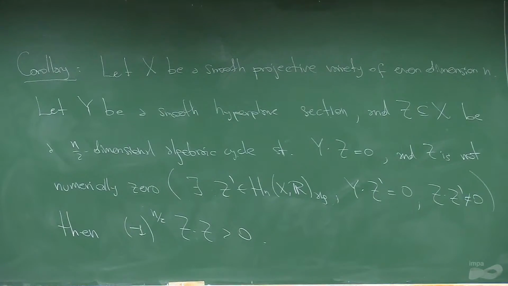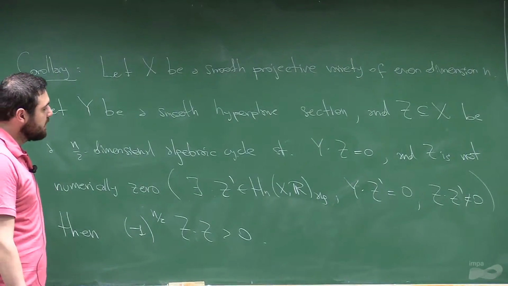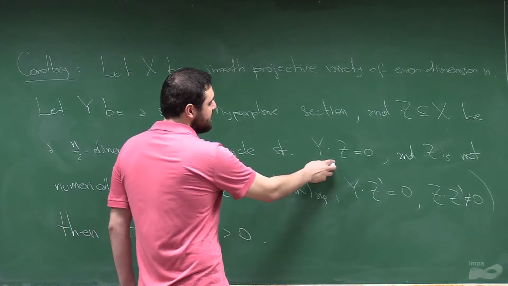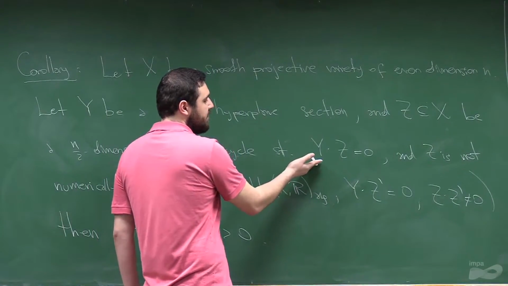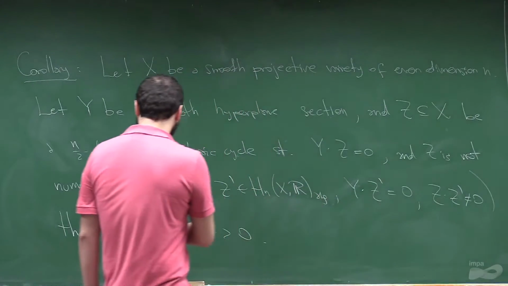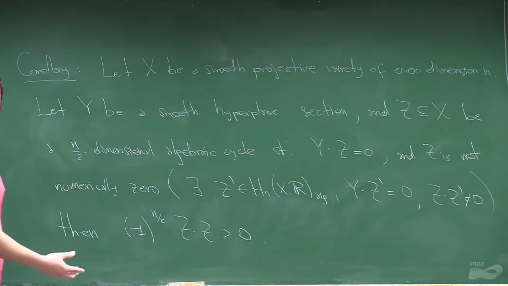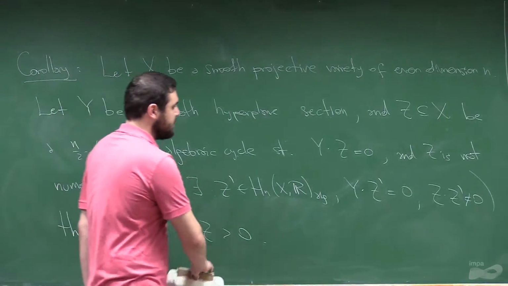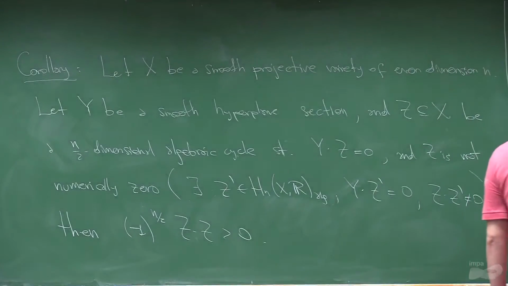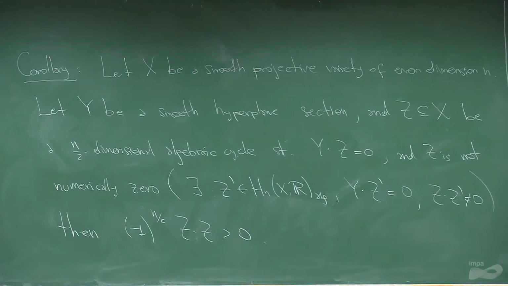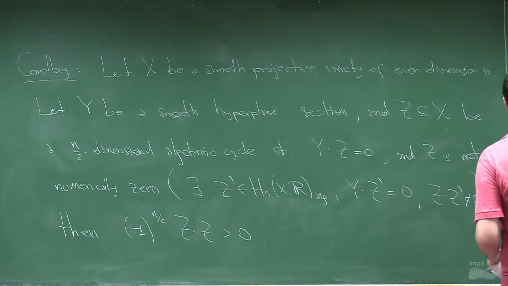So in particular, if we're in the case of surfaces, on a surface, we're saying that a divisor that is not intersecting a fixed very ample divisor, and it's not numerically 0, then it has negative self-intersection, right? Sometimes this is called the Hodge index theorem.